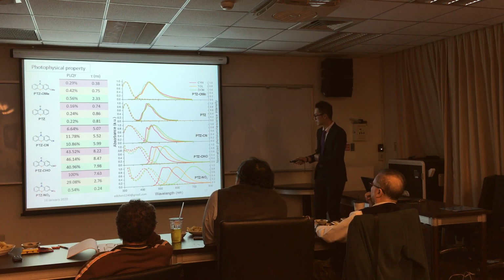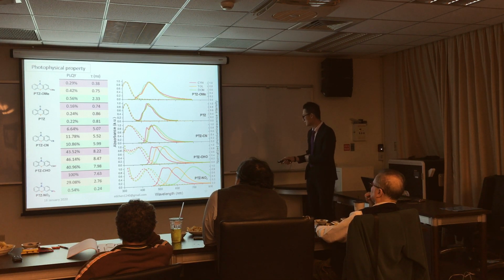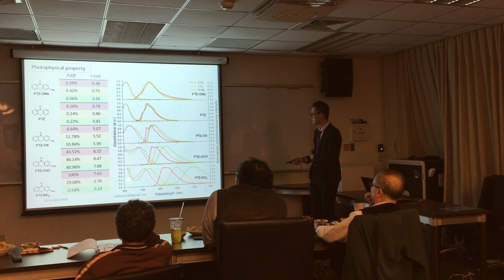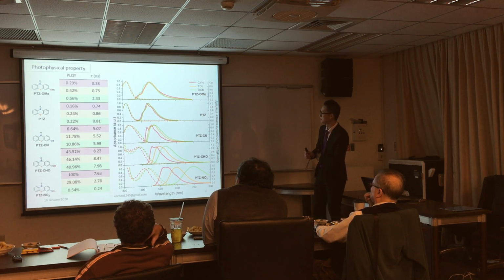For PTZCHO, the absorbance peaks at 380, and its emission peaks at 460, 470, and 530. The strongest electron withdrawing group, the nitro group, redshifts the absorbance peak to about 400, 420, 430, and its emission peaks shift to 510, 580, and even 700 in dichloromethane.